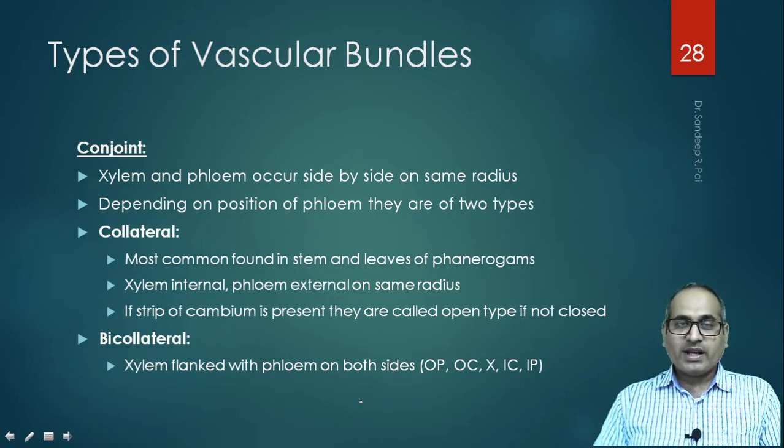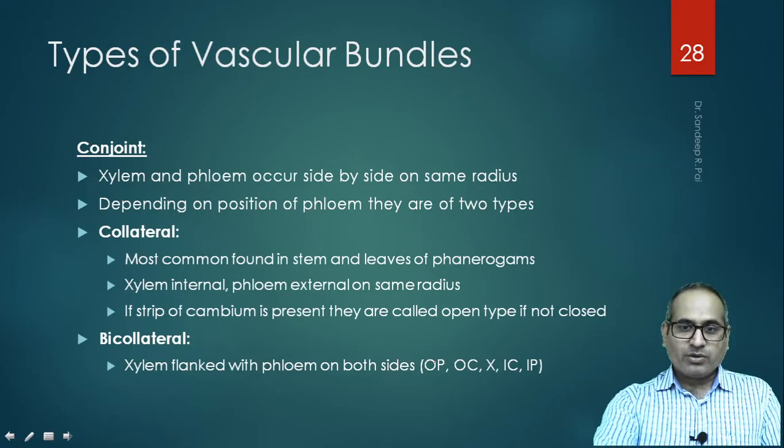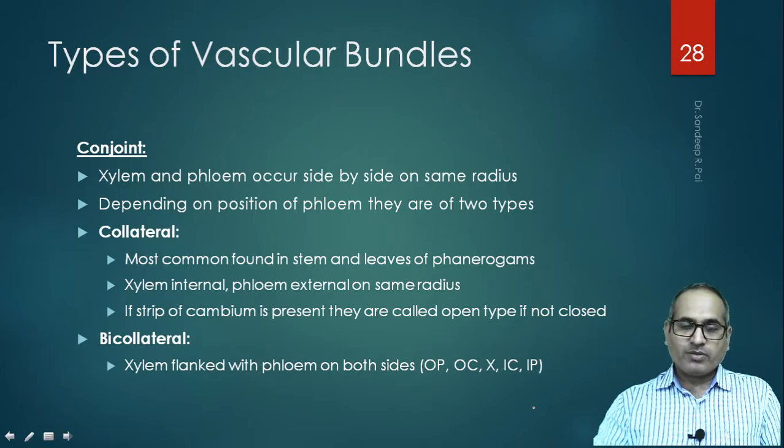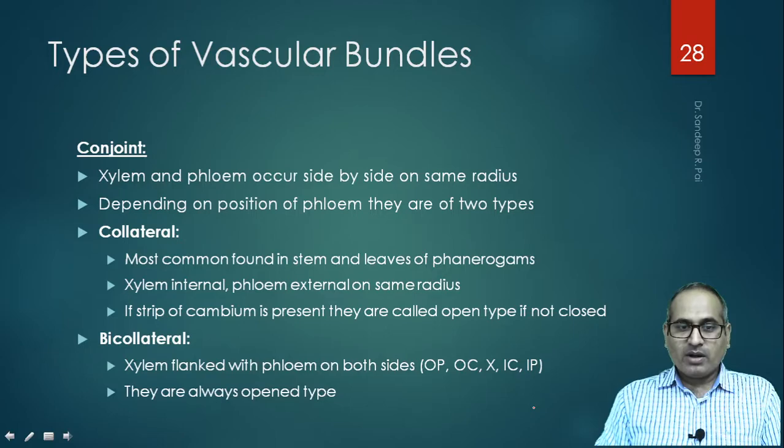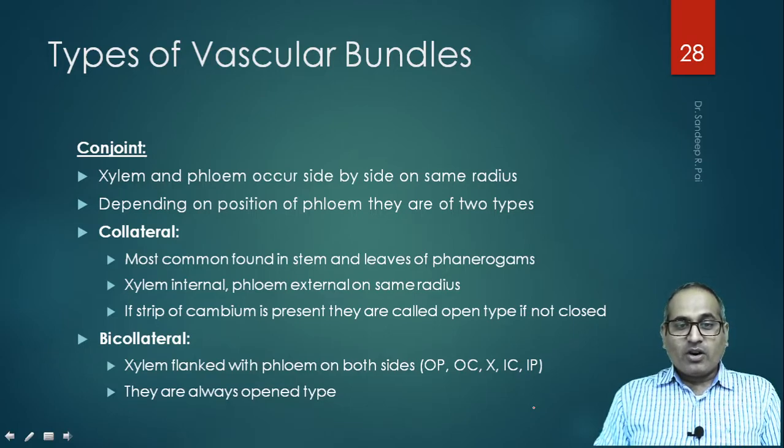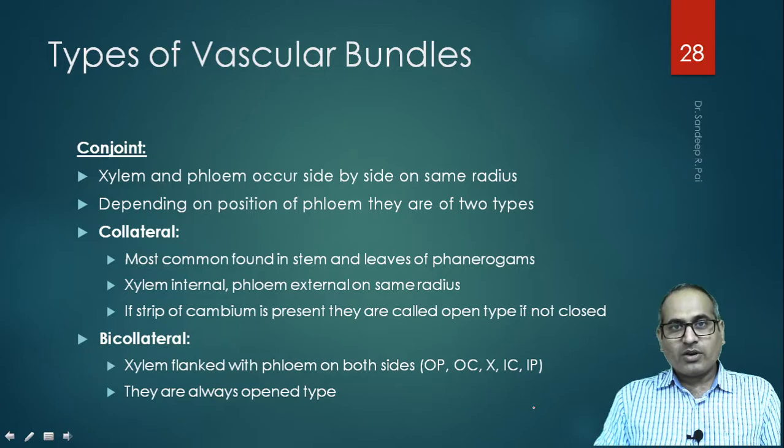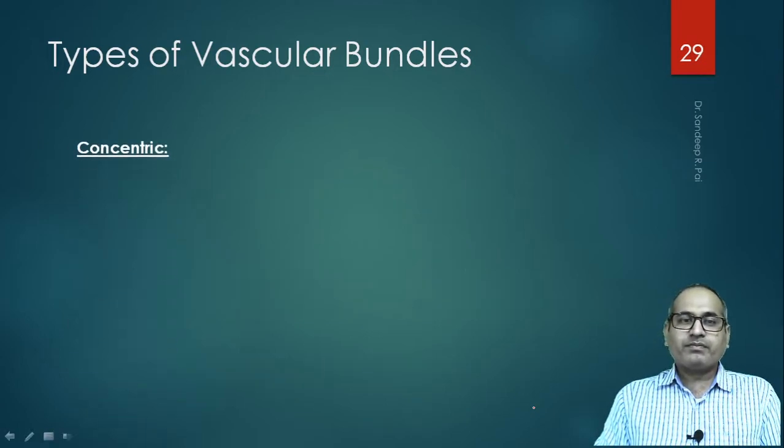In this case, the arrangement would be, there will be an outer phloem, OP in the bracket suggests outer phloem, then followed by outer cambium, then xylem into the center, inner cambium and inner phloem. This would be the arrangement in bicollateral. They are always of open type. Why? Because there will be cambium always present into such kind of bicollateral conjoint vascular bundles.